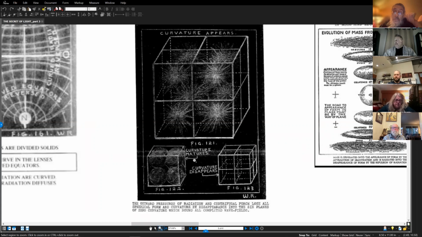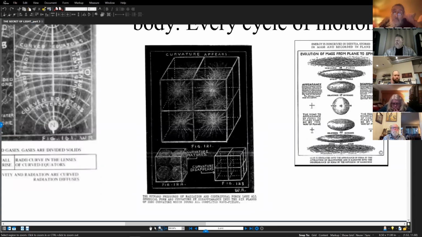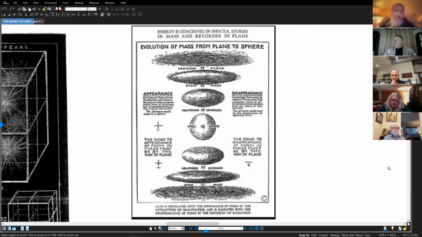The other area that we talked about, I also found this diagram, which I thought was pretty good, but I couldn't really get a very good image of it. It's kind of blurred here. This is the evolution of mass from plane to sphere.